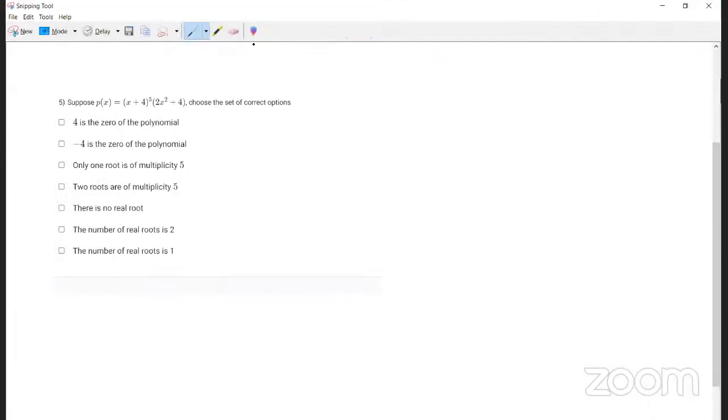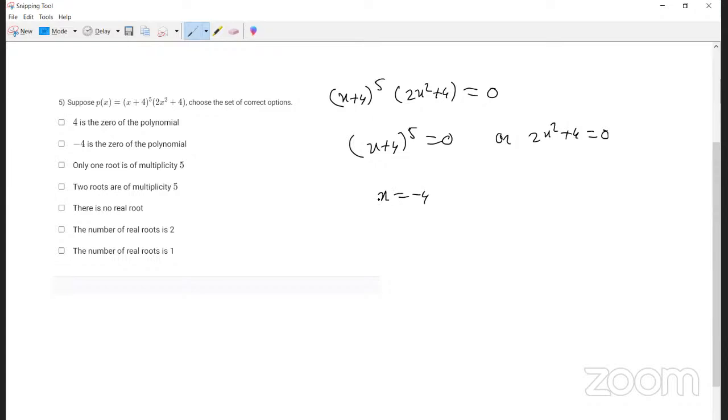Just equate it to 0 to find out the 0. Say (x plus 4) to the 5, (2x square plus 4) equal to 0. Right? x plus 4 equals to 0, or x equals to -4. So here we'll get x equal to -4 is one of the zeros of the polynomial, right?